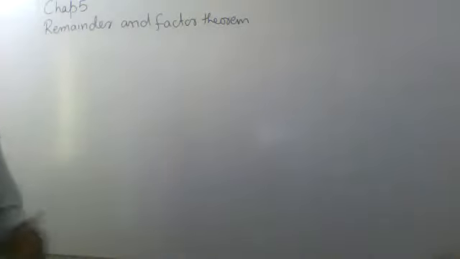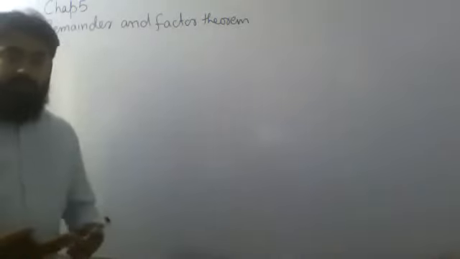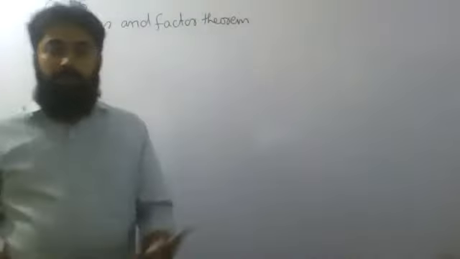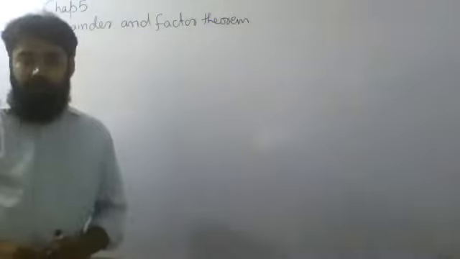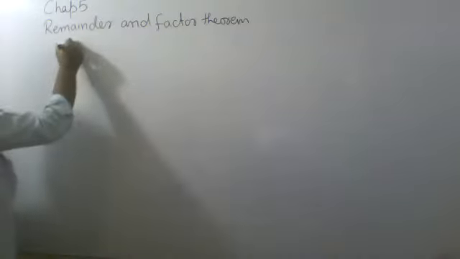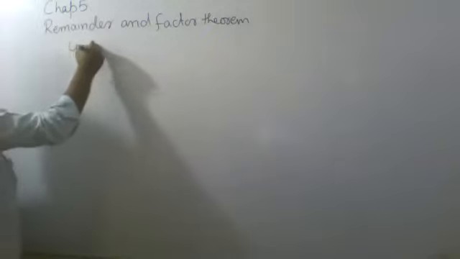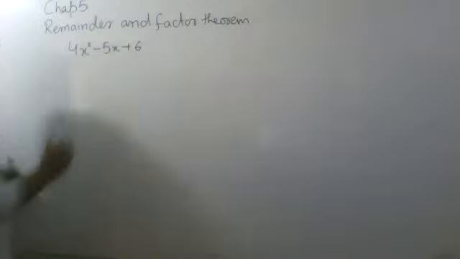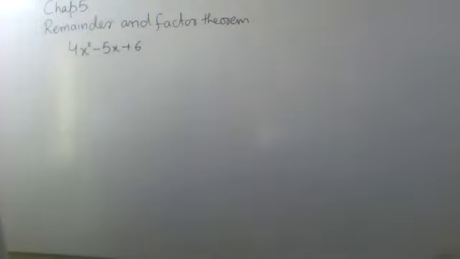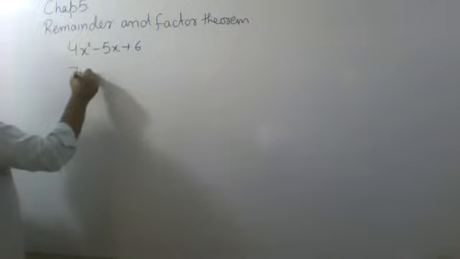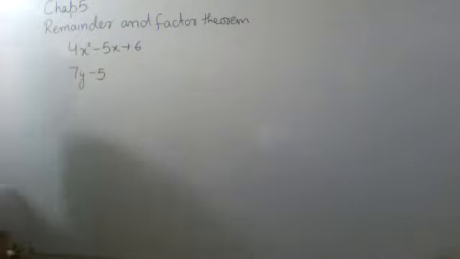we have gone through different types of equations, different types of linear equations, quadratic equations. We have done all of them. Okay. So, for instance, if I am having 4x square minus 5x plus 6, or if I am having 7y minus 5.